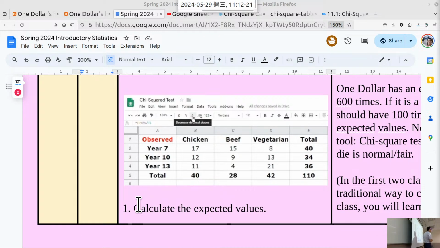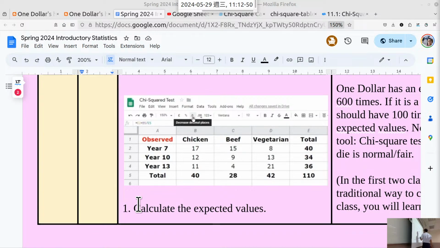We cannot say that, but with limited number of samples, we know, okay, chicken is most popular. The next, the year of 10, chicken 12, beef 9, vegetarian 13. Whoa, here for the year of 10, vegetarian is the top one. Okay, and the total number of the students at the age of 10, that is 34.